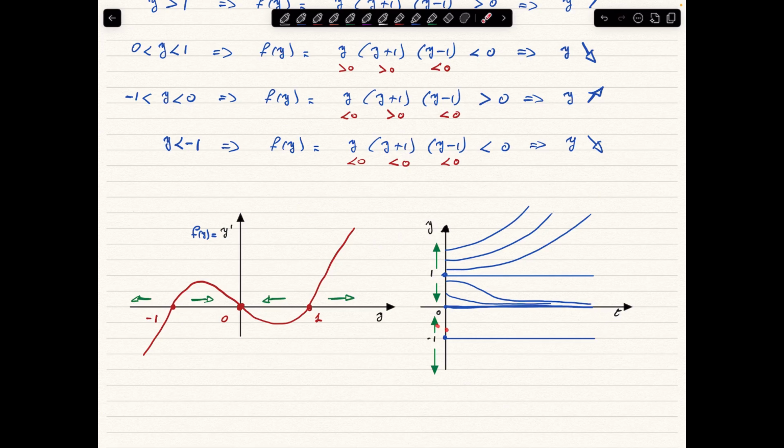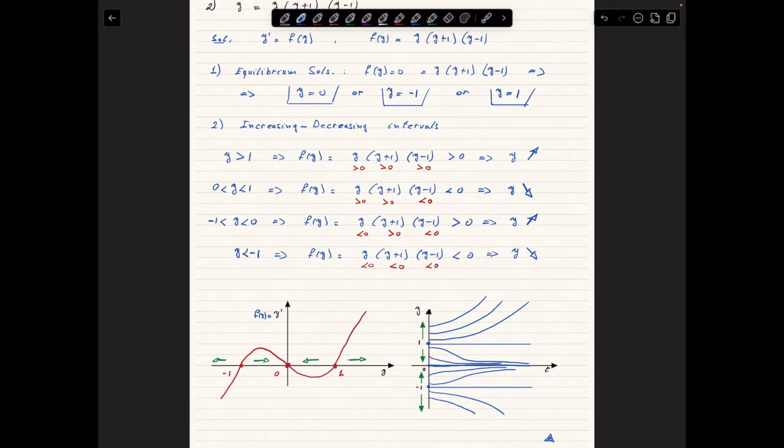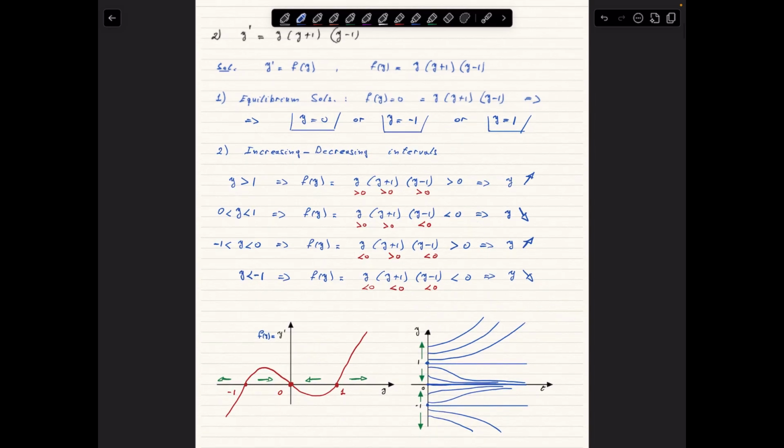And here the solutions are increasing, but again they cannot cross, so maybe something like this, and then here the solutions are decreasing. And that is how the qualitative graph of these solutions can be constructed, by doing a little analysis on the right hand side of the differential equation.